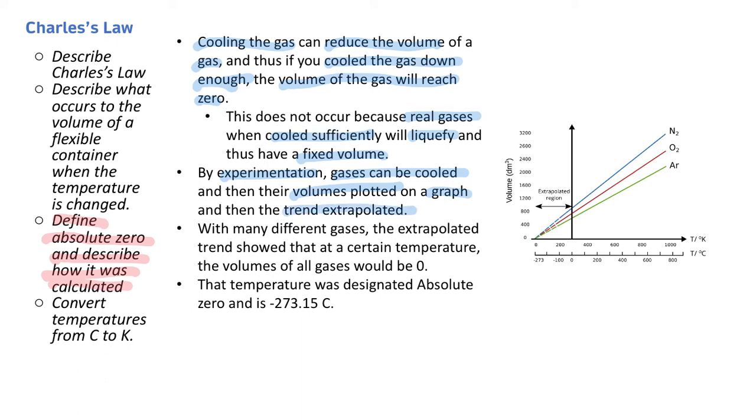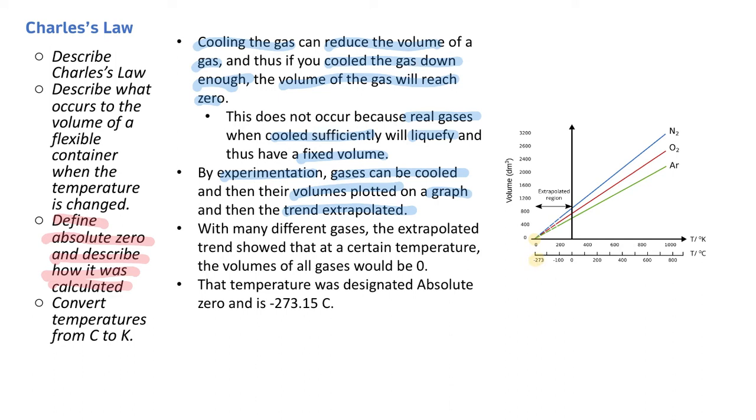They took a whole bunch of samples of gases and cooled them down, and they found that the volume decreased until a point where it turned into a liquid. Same with the oxygen, same with the argon. If you extrapolate after it turns into a liquid, you can still predict where it would have ended, and that point is at negative 273 degrees Celsius.